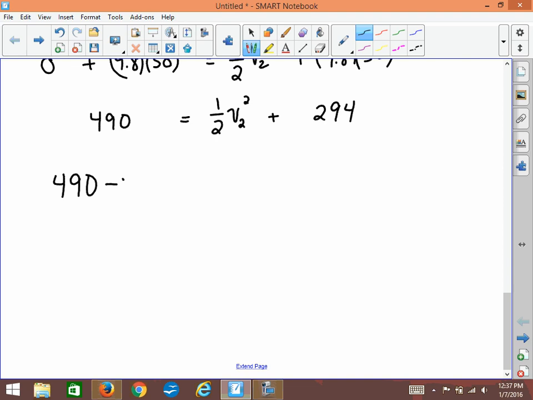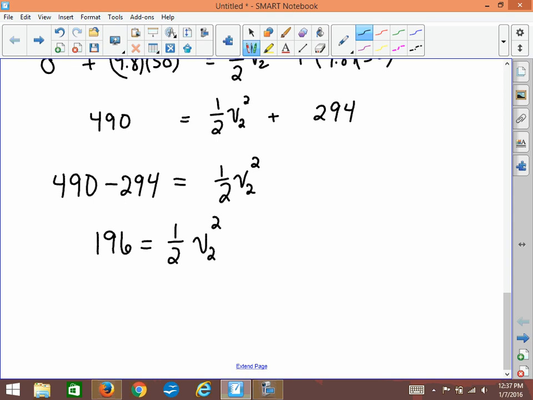So if we subtract it from here, now if I subtract it from the other side, I could write plus 294 minus 294, but of course that's just going to be 0, so it's kind of like gone. So the next thing we can do is move that to the other side. Okay, good. And now we can subtract. That's easy to do. 490, and if we subtract 294, we're going to get 196. So now we've made this even simpler.